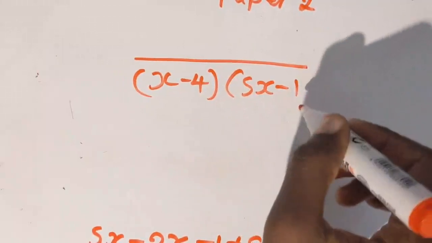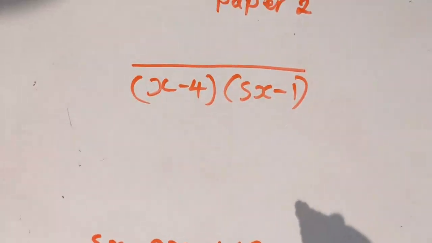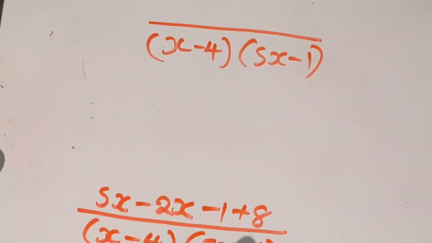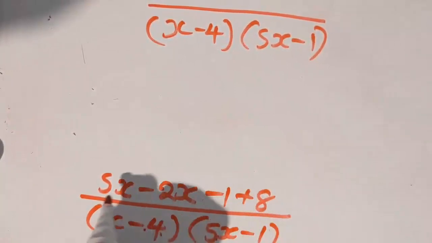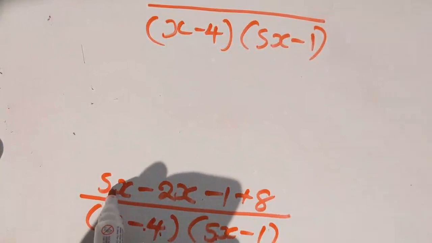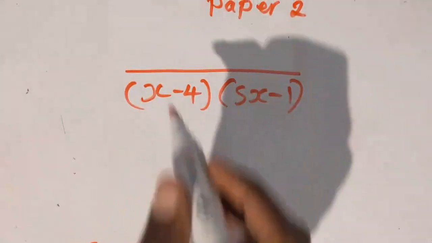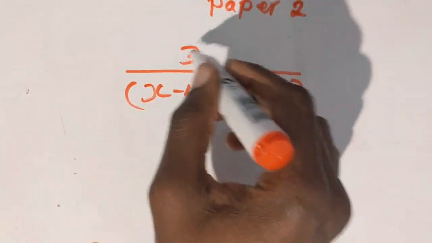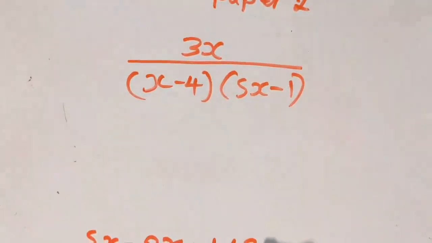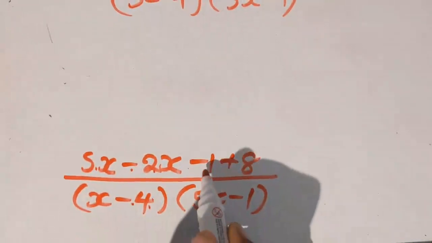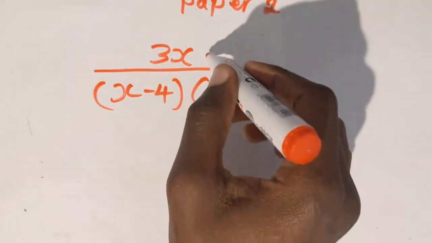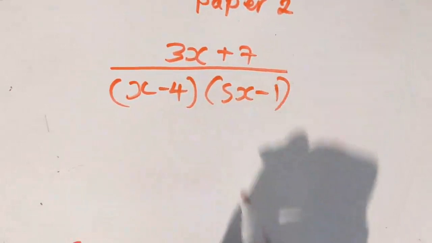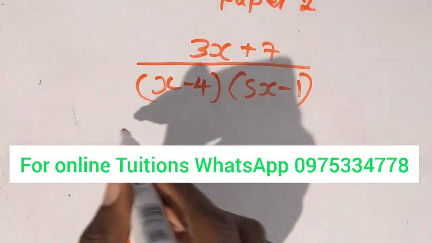Then down here we are just supposed to add and subtract these. These are like terms, 5x minus 2x, so you're going to have 3x, like that. Then here, this is negative 1 plus 8, so you're going to have plus 7. Okay, so this is the answer.